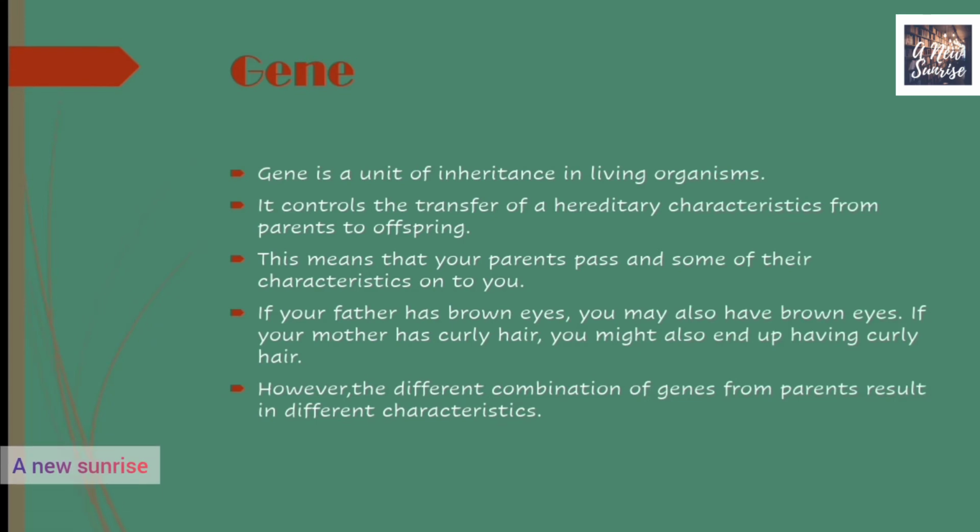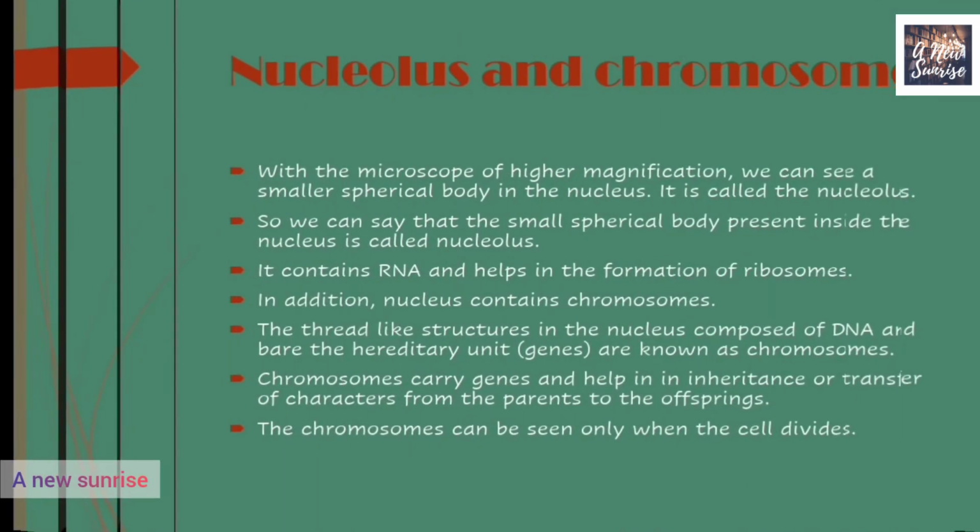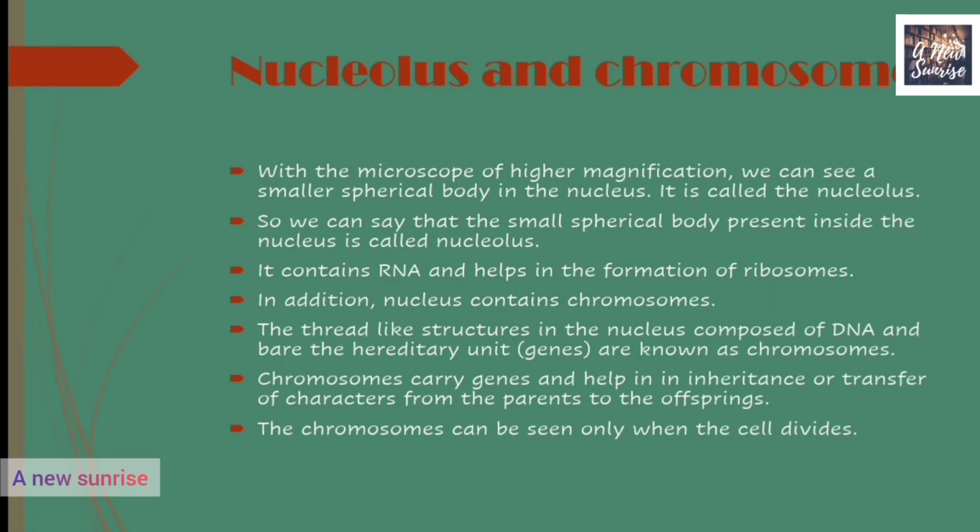So what is the main point in nucleolus and chromosome? The nucleolus is a smaller spherical shaped body present in the nucleus. It contains RNA and helps in the formation of ribosomes. The nucleus also contains chromosomes. What are chromosomes?